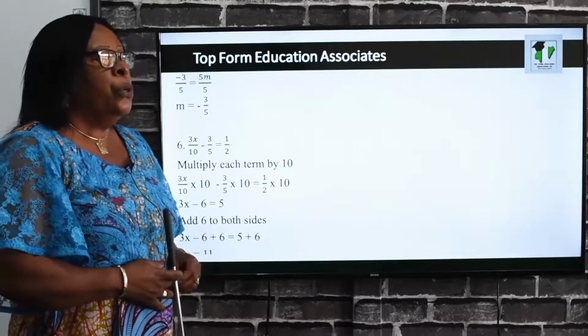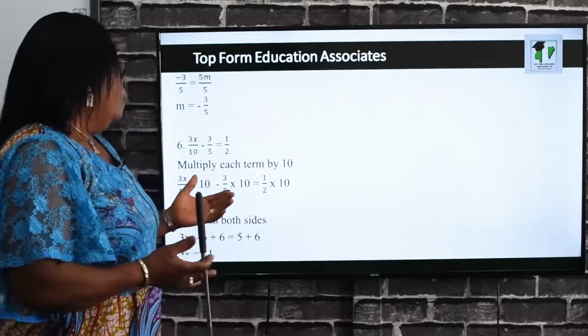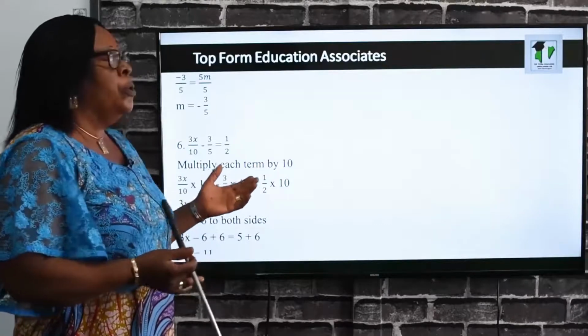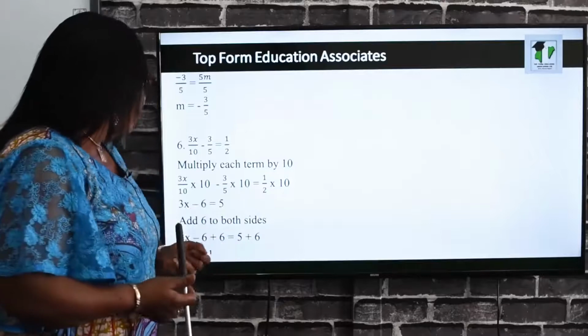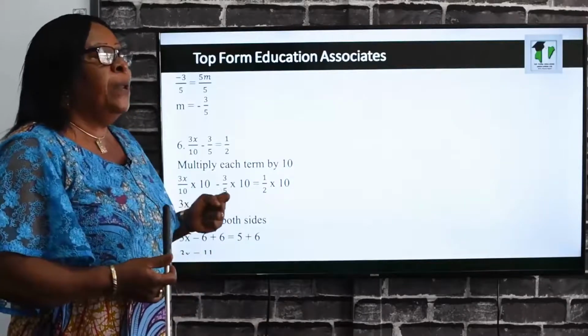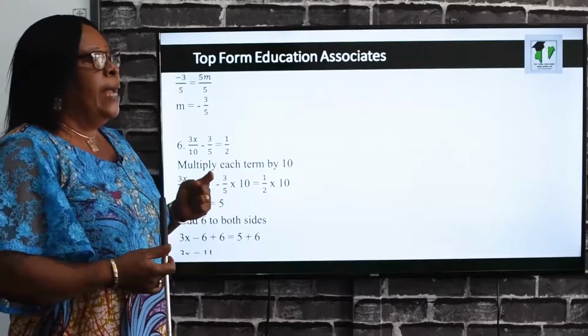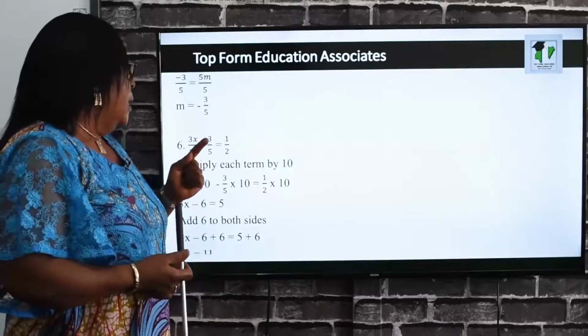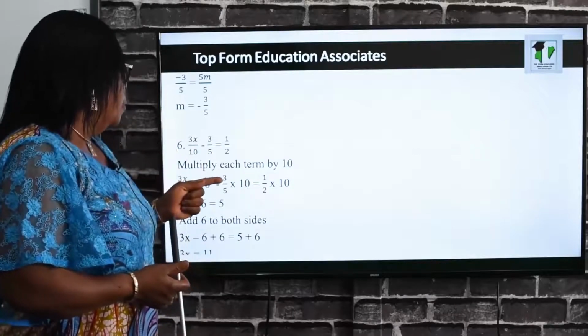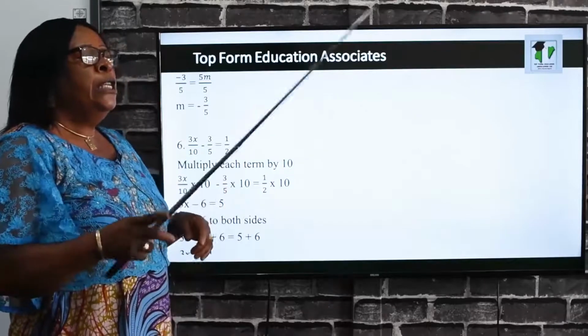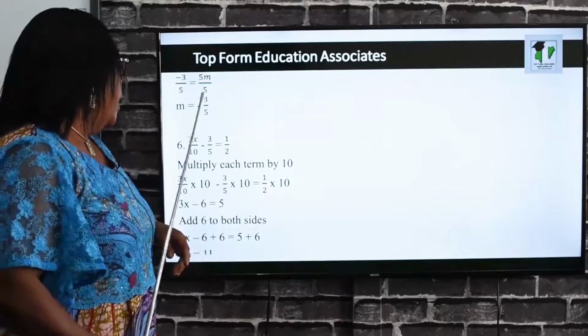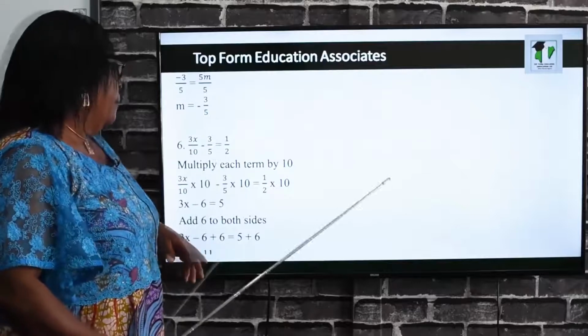Recap 2, that you can do away with fraction, making it become whole numbers by multiplying each term by the LCM of the denominators. For example, 10, 5, and 2. The denominators, their LCM is 10.